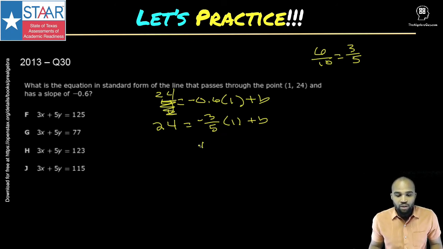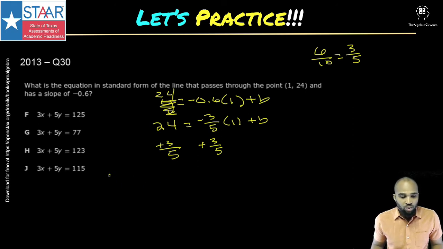All right, so now we've got to find our y-intercept. We're going to add 3/5 to both sides. And adding 3/5, what's 24 plus 3/5? Well, I need the same denominator, so I need to multiply this 24 by 5. 24 times 5 gives me 120.